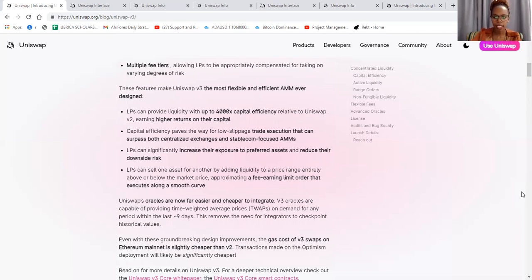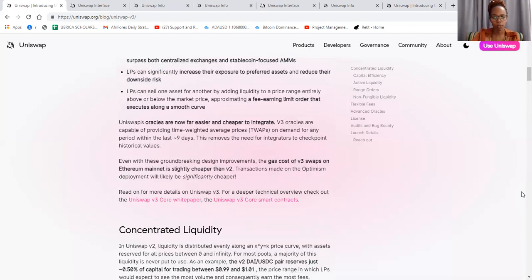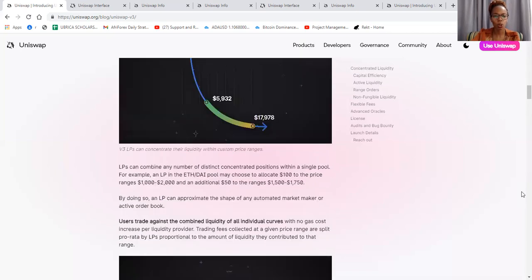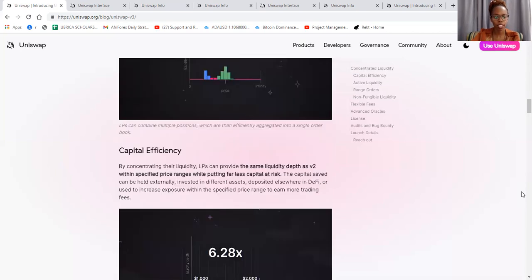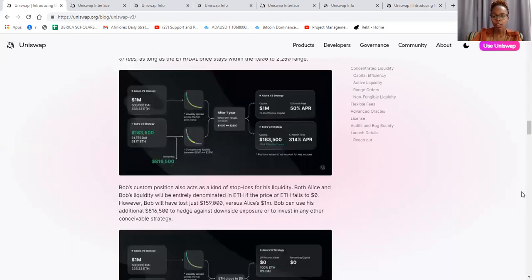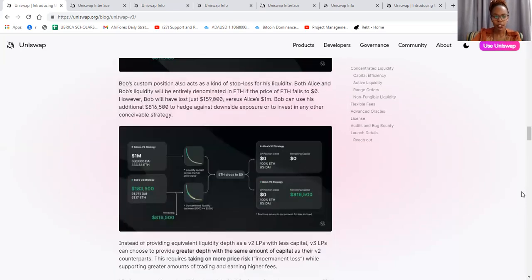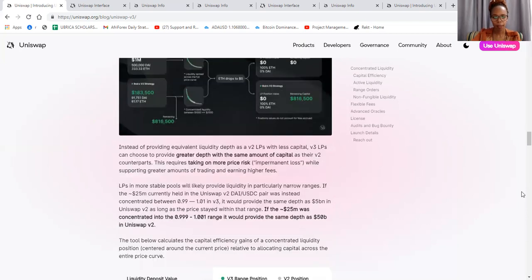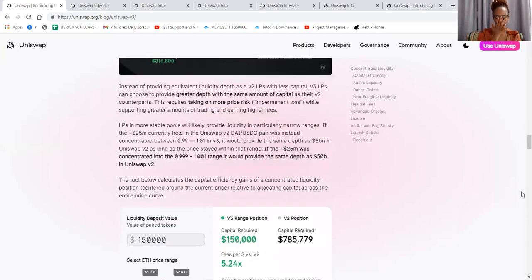So the other thing that was introduced with V3 is what we call NFTs. Initially, when we provided liquidity, we were receiving LP tokens. But now with V3, you receive Uniswap liquidity pool tokens, but they are not fungible.